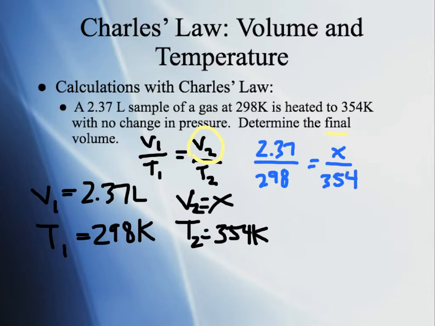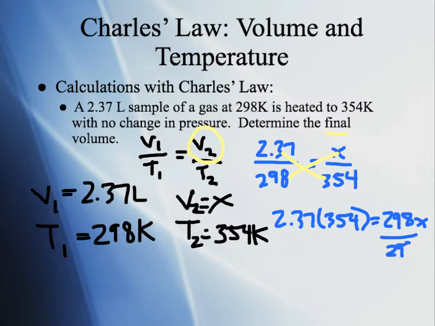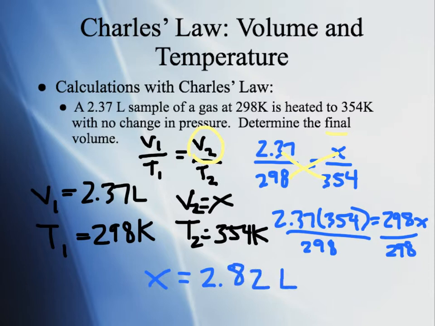Alright, what we'll do is we'll cross multiply. We'll do 2.37 times 354 equals 298x. And with some very simple algebra, we can get x by itself. And x is going to equal 2.82 liters.